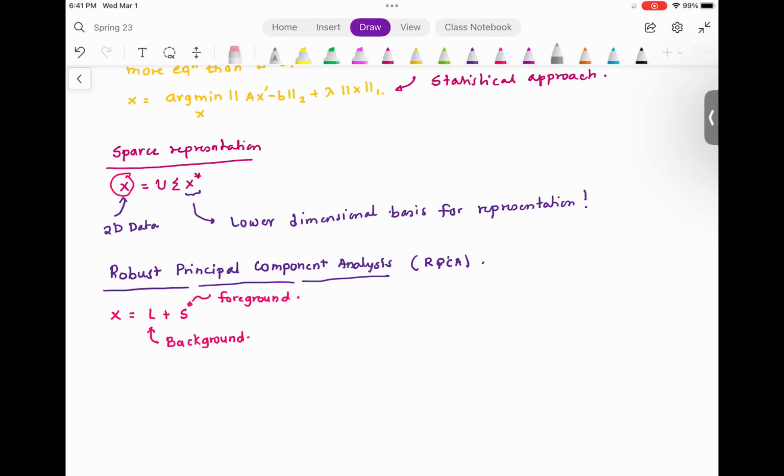L is a structured low rank matrix, and S is actually a sparse matrix.